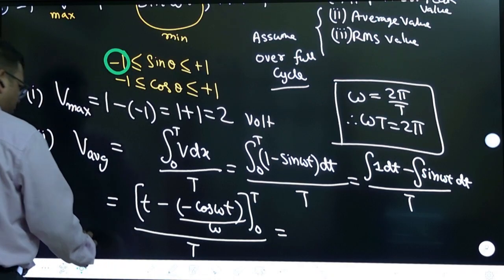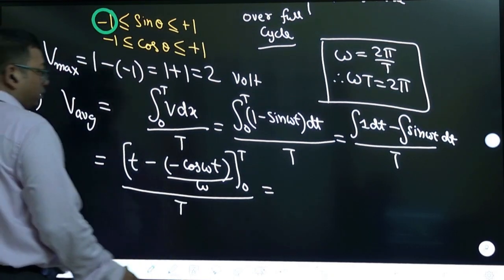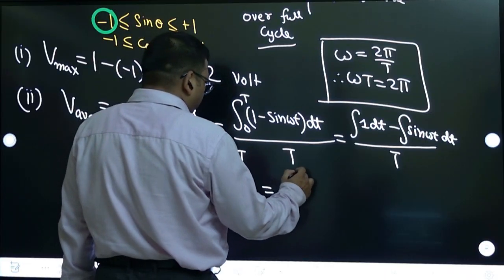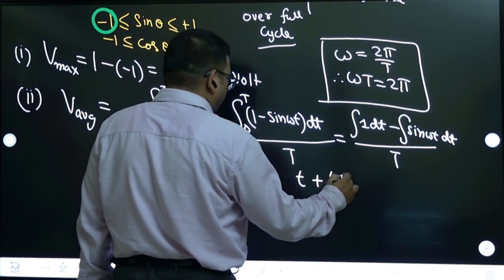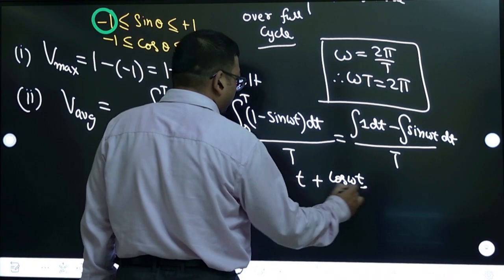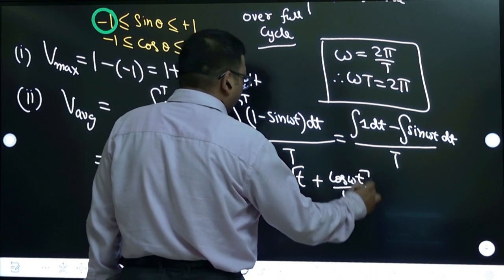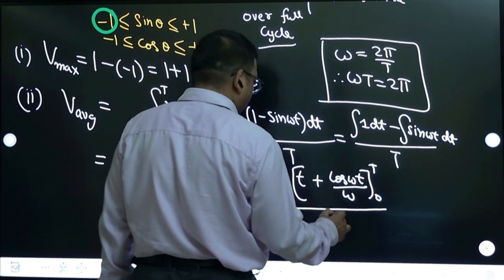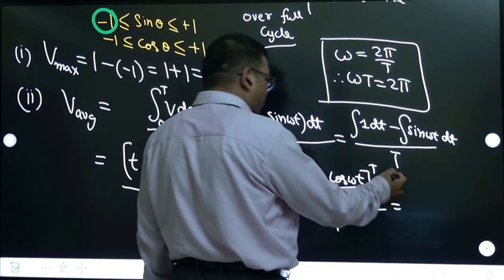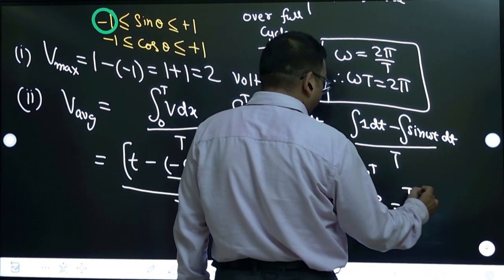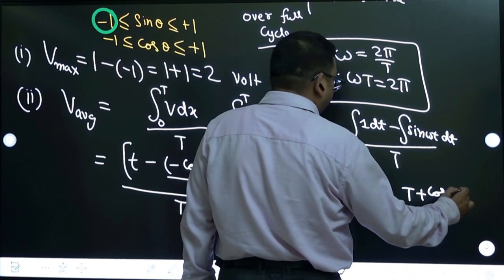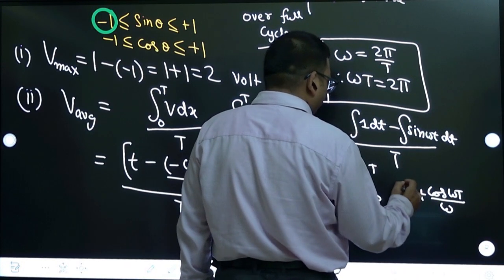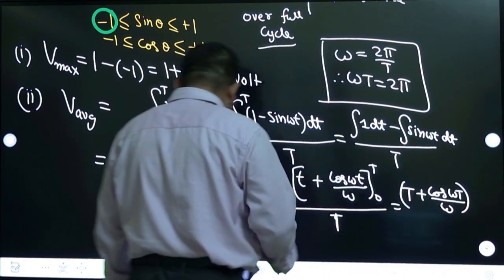So let us do this integration. It is coming as t plus cos omega t divided by omega, going from 0 to capital T, all divided by capital T. Let us now put the upper limit: T plus cos omega capital T divided by omega. This is the upper limit, right?